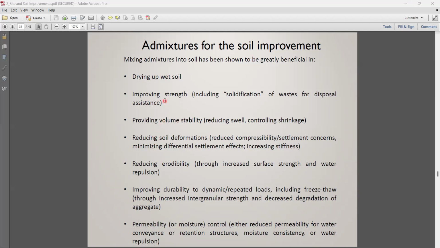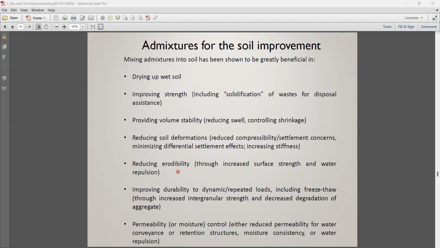Then improving strength. Volume stability: volume stability means the consolidation will be less if you remove the water. If you remove voids as much as possible, consolidation will be very little. Then reducing erodibility. Erodibility means erosion through the flow of water. Then improving durability to dynamic loads, for example, earthquake loads.